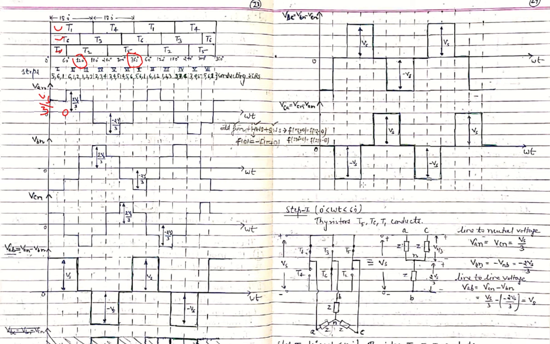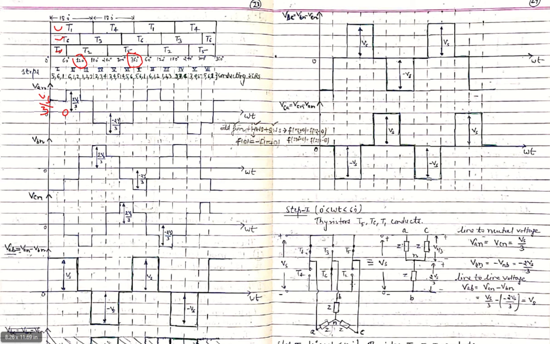But Vbn equals minus 2 Vs by 3. Where is minus 2 Vs by 3? It is below the x-axis. So it is minus Vs by 3 and minus 2 Vs by 3. We will start the waveform for the B phase from minus 2 Vs by 3. In this way we draw the phase voltages. But we are now interested in the line voltage.